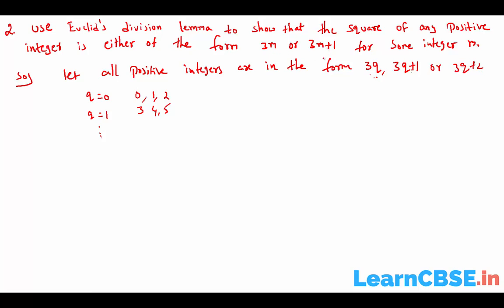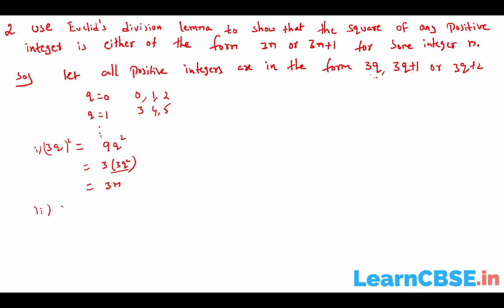Then we have proved it for the square of any positive integer. So I am proving 3q whole square first, that means 9q square. Again I can write this as 3 into 3q square. Let it be m, so 3m.